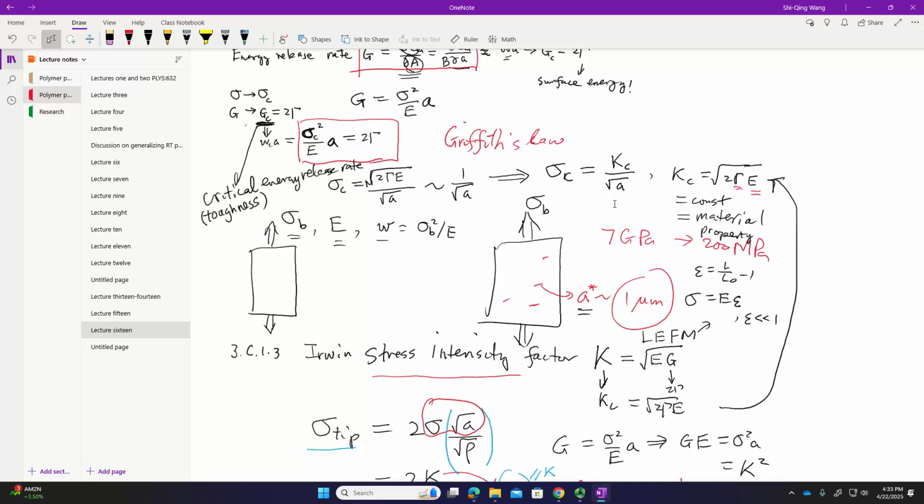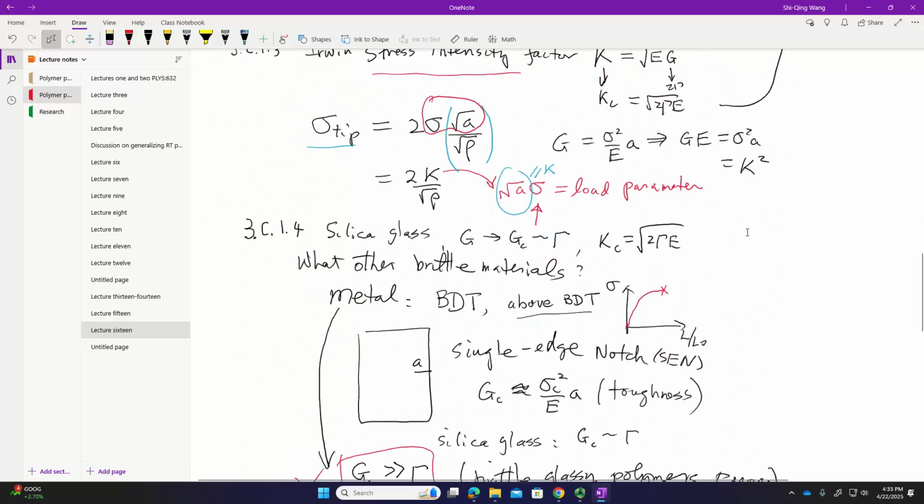You have Griffith's law holding independent of the fact that this GC is much larger than gamma. And we will explain all of it in the given time. We will, and soon. Okay.